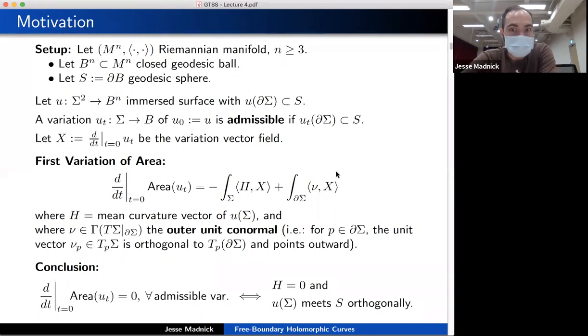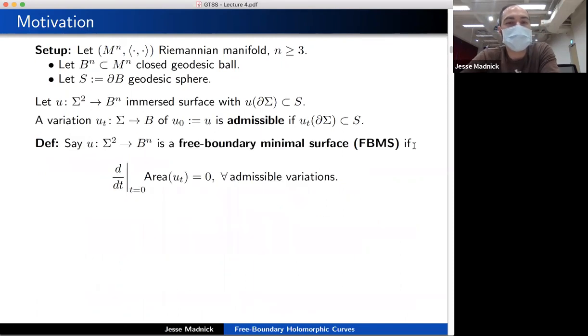X has to be tangent to S. So what this means, the vanishing of the second integral, that's equivalent to saying that the intersection of u of sigma with S, that intersection has to be orthogonal. Okay, so we'll call such a surface, such a critical point among admissible variations, a free boundary minimal surface. Okay, so a free boundary minimal surface is what you see here. It's, for us, an immersed minimal surface that's critical for all admissible variations.